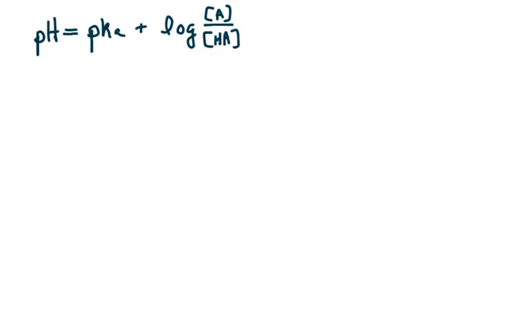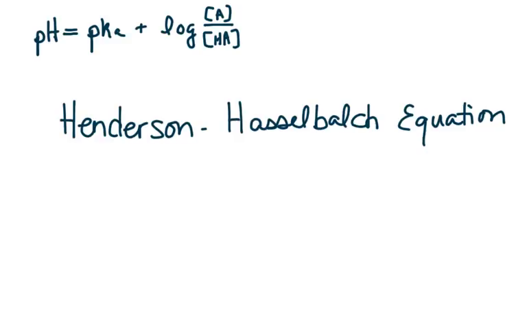So remember, with buffers, we use the Henderson-Hasselbalch equation, and this says that the pH is equal to the pKa plus the log of the concentration of conjugate base over conjugate acid. And that's the Henderson-Hasselbalch equation.